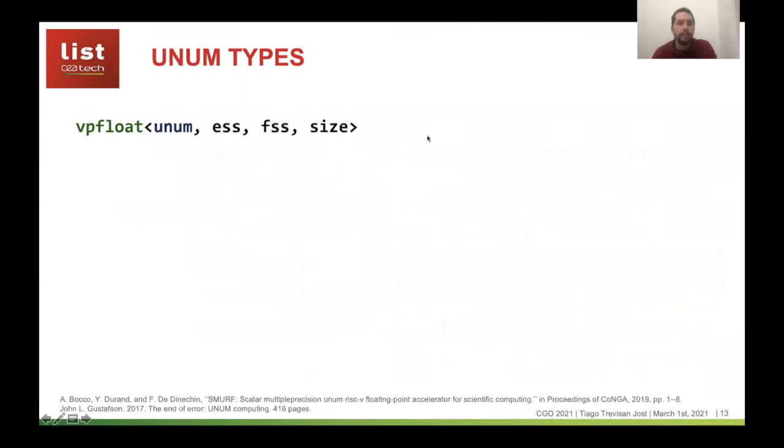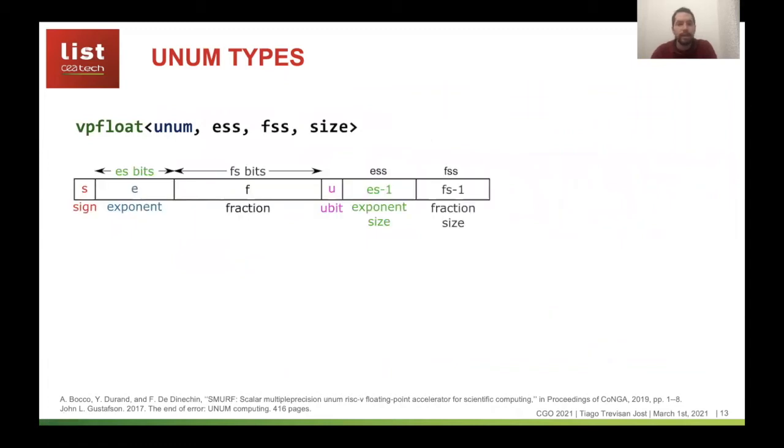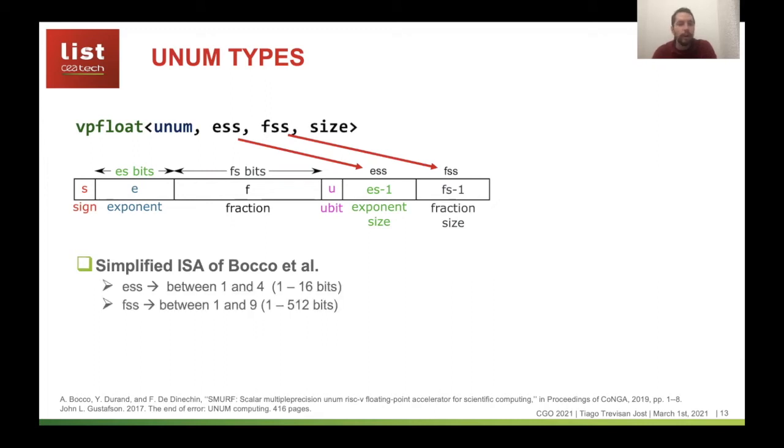For the UNUM types, we have a different reasoning. They require us to specify an ESS and an FSS field that come from the UNUM format header. We implement a simplified version of the ISA proposed by Bocco, where ESS is between 1 and 4, and FSS is between 1 and 9.